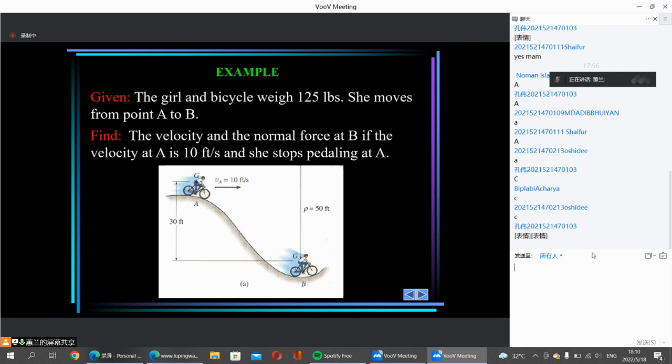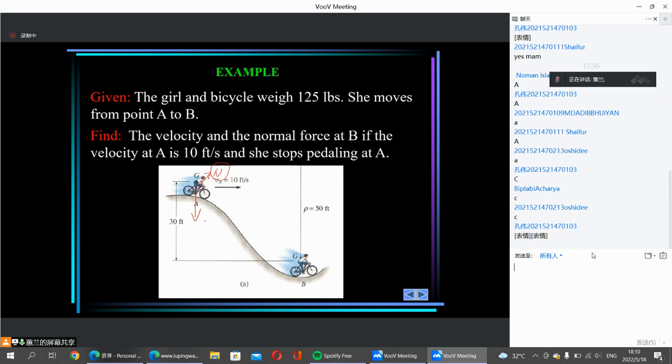For the FBD, the forces on the girl will be the weight and the normal force, right? There will be no friction force, okay? And then when she drives downward, the normal force is always perpendicular to the displacement. So no work is done by the normal force.